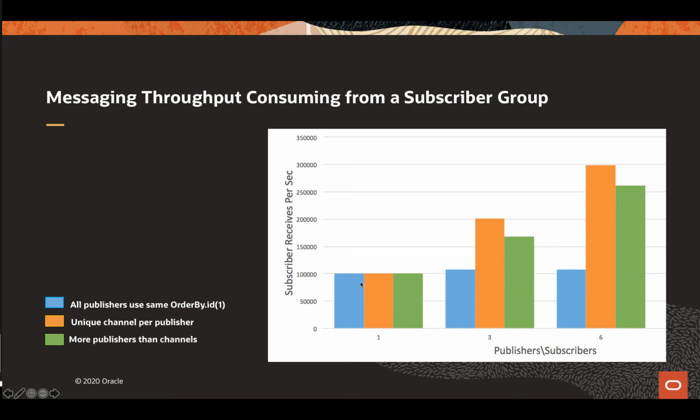But if we add 3, we're able to double our throughput. And if we add 6, we're again able to increase our throughput. So we're getting linear scaling based on the number of publishers and subscribers when we use relaxed ordering constraints, and not ordering everything by the time they were sent at.